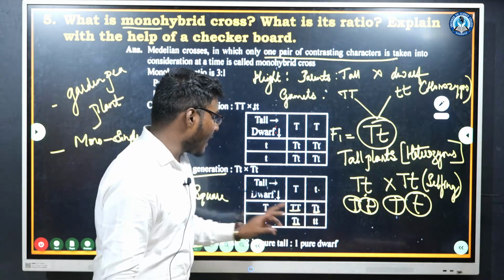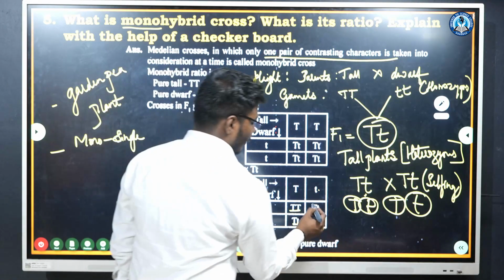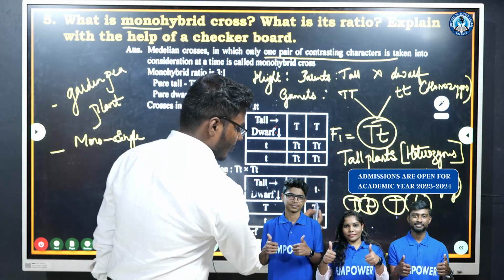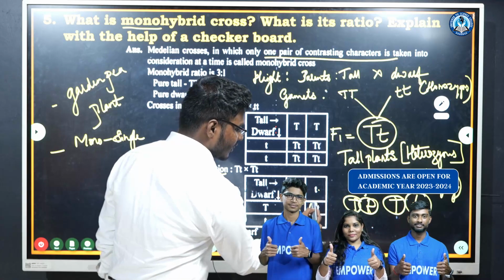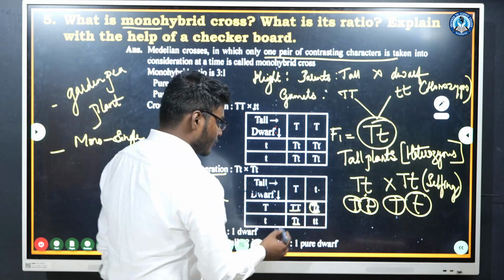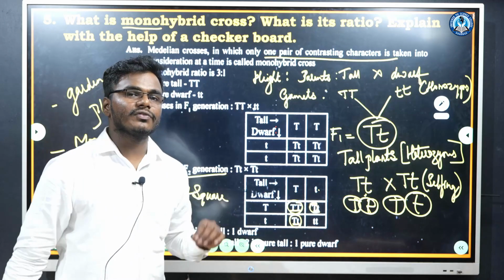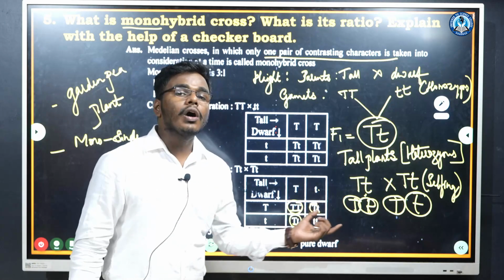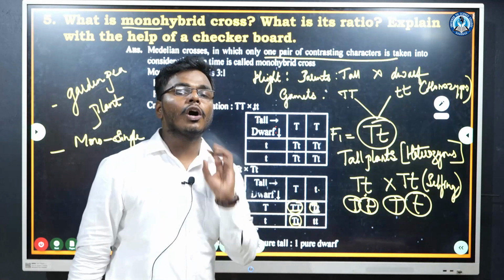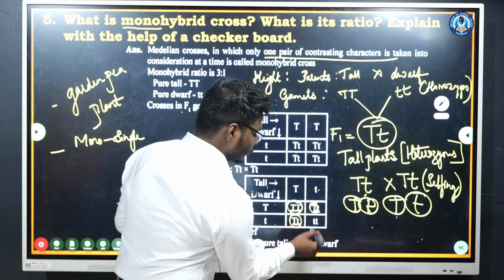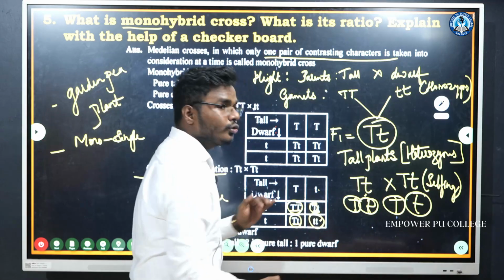So three plants are tall, because there is the presence of the dominant gene T here. Since there is a presence of this dominant gene T, those plants are tall. And one is dwarf.